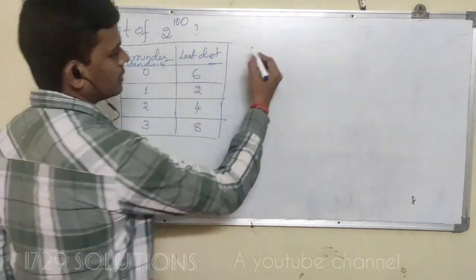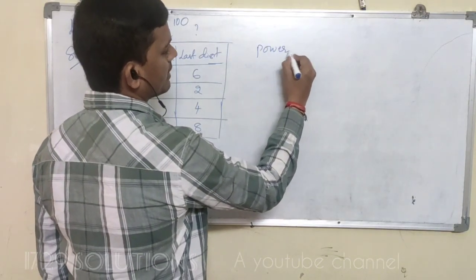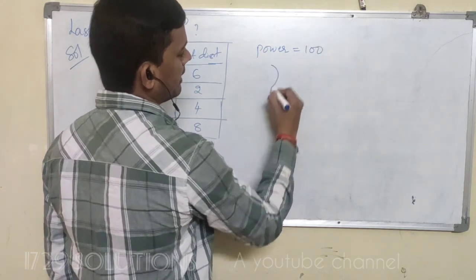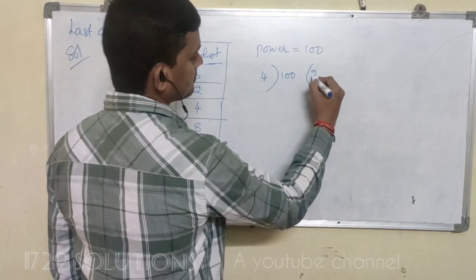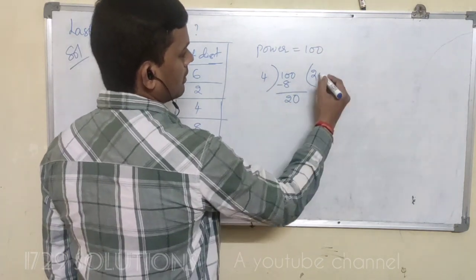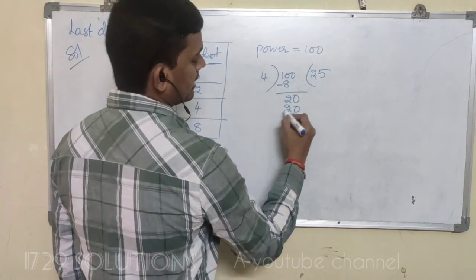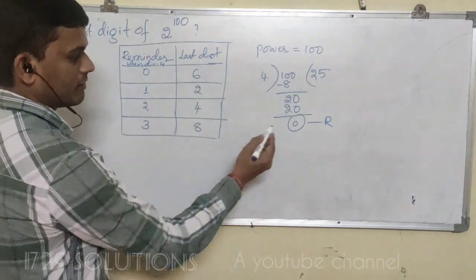Now find 2 power 100. The power here is 100. Divide the power 100 by 4. The remainder is 0.